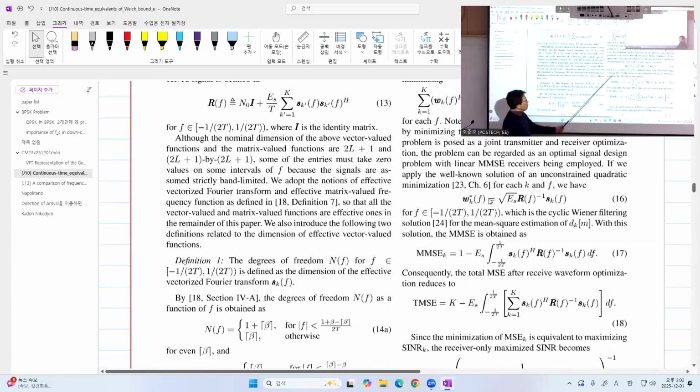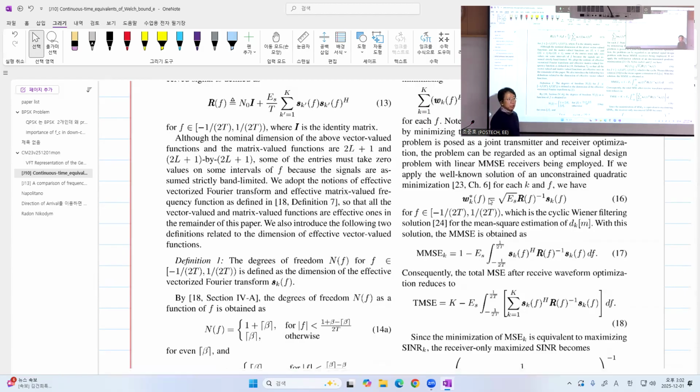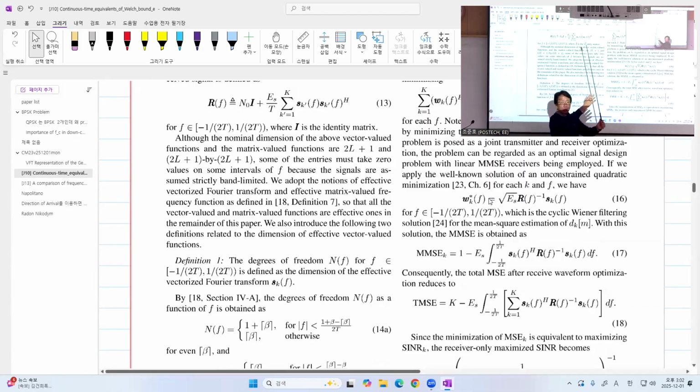We first optimize receive filters, assuming the transmit filters are given. And interestingly, this mean squared error minimization at each receive output can be done separately because the mean squared error minimization given the transmit waveforms is not affected by the choices of other receive waveforms.